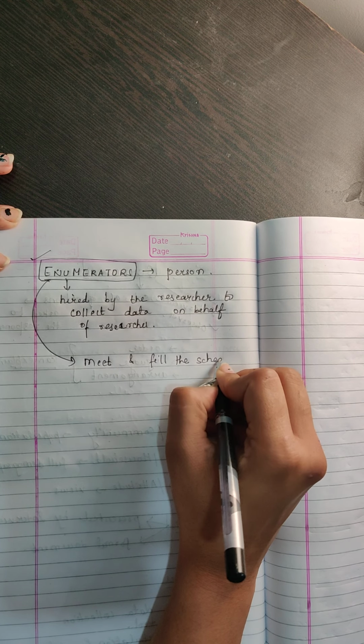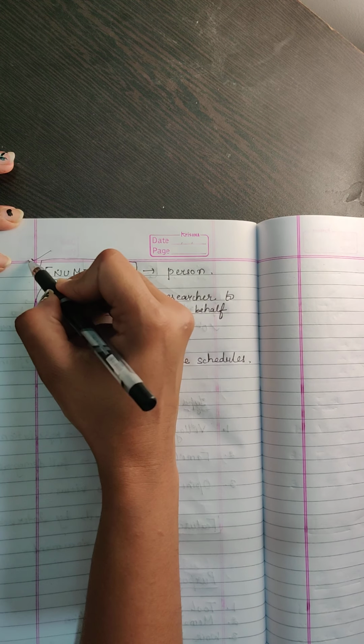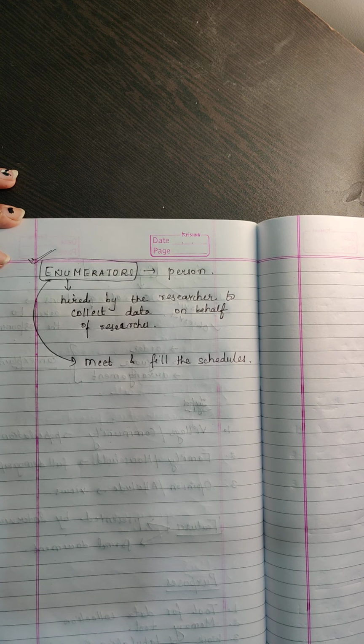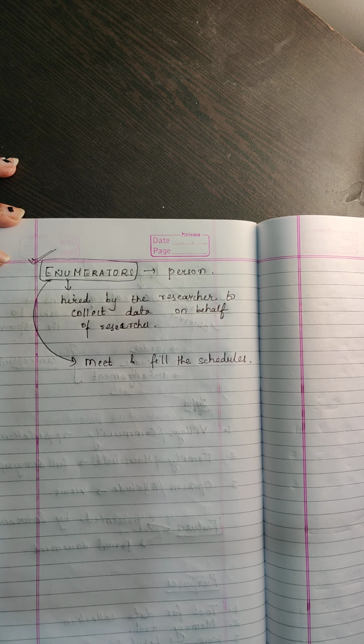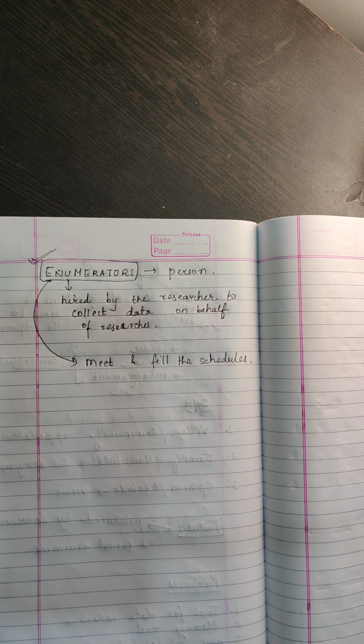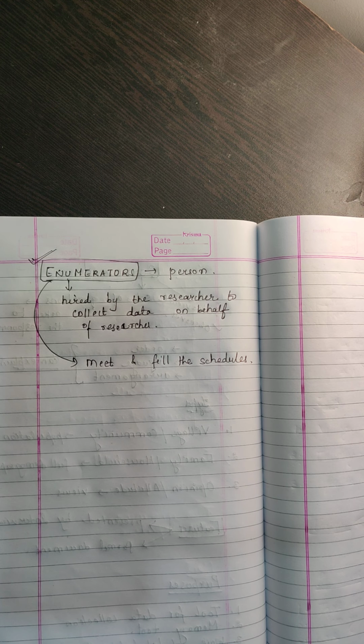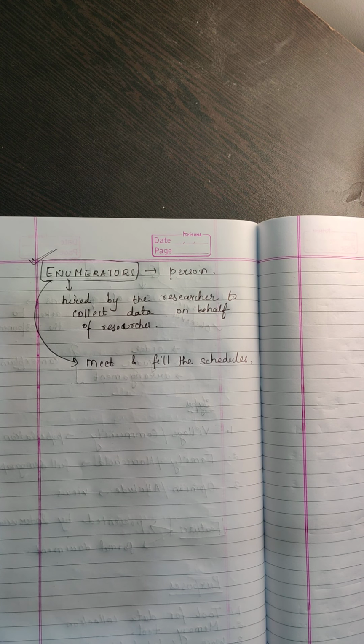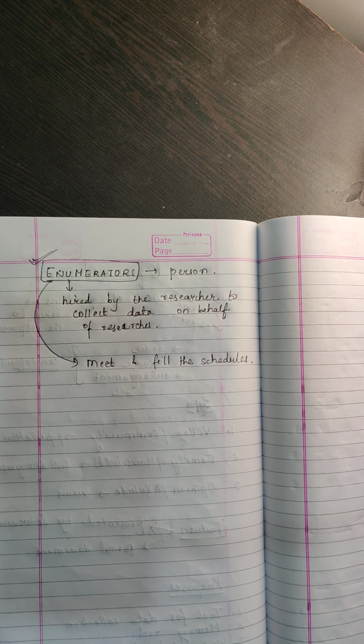In case of a schedule, the enumerator is the most important person because he is responsible for reaching out to the respondent, explaining the scope and objective of the inquiry, and recording and compiling the answers. The success of data collection depends upon the enumerator himself, so he will be responsible for proper data collection.